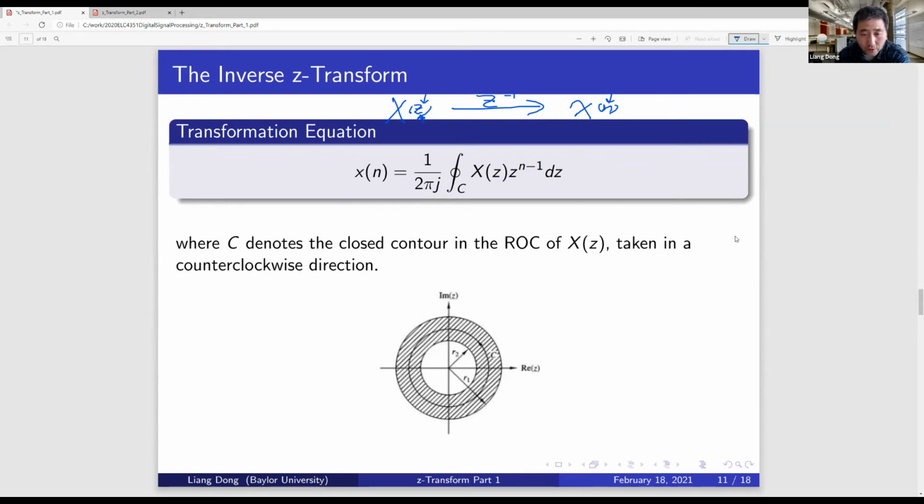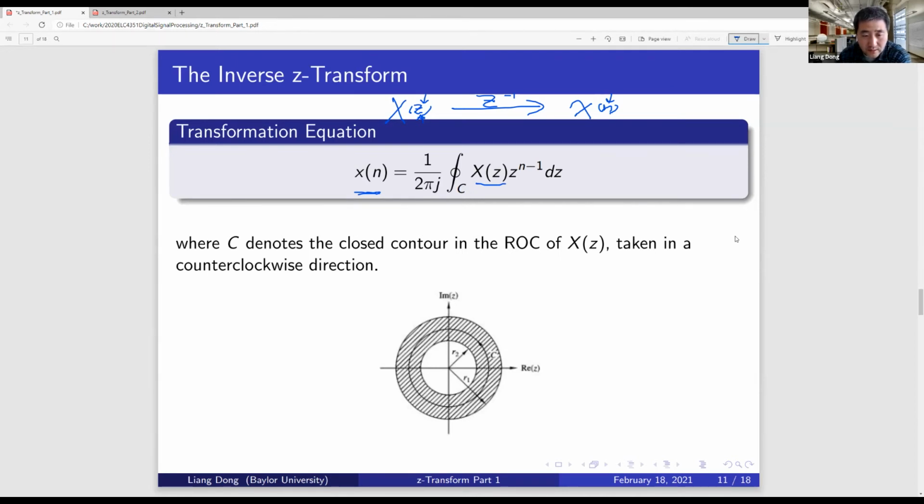So the transformation equation looks like this. That's the inverse Z transform. The signal in the time domain, x[n], equals 1 over 2 pi j, contour integration of X(z), that's the z domain function, times the power term z to the power n minus 1, dz.